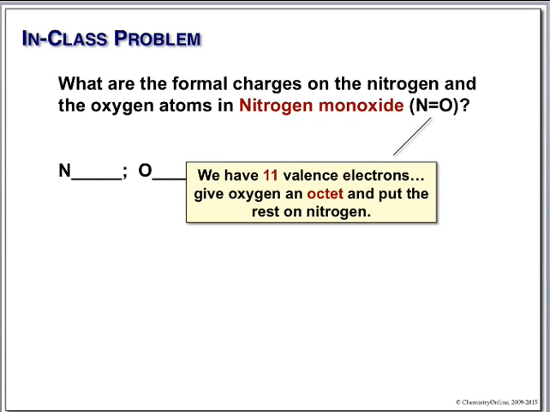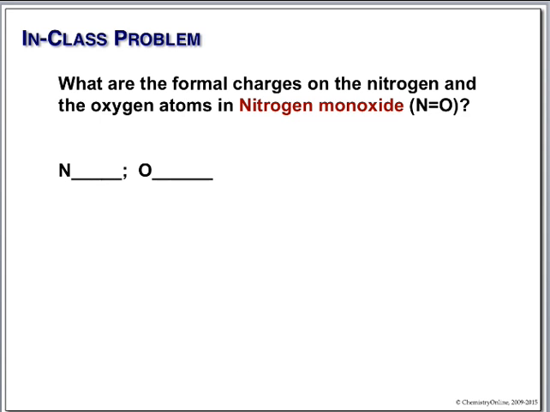We're going to distribute these in such a way that the most electronegative element is going to get the most electrons. Oxygen is more electronegative than nitrogen. Therefore, we're going to give it an octet. So what we're looking at is a Lewis structure that looks like this: octet on the oxygen and 7 electrons on this poor nitrogen.